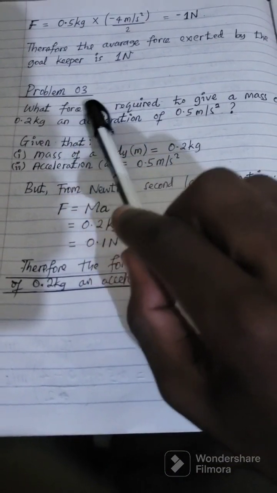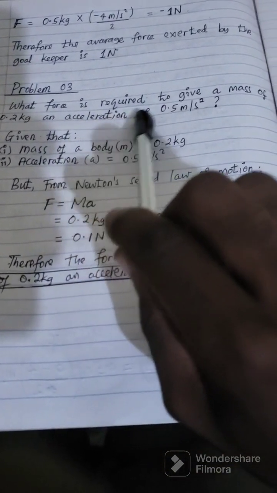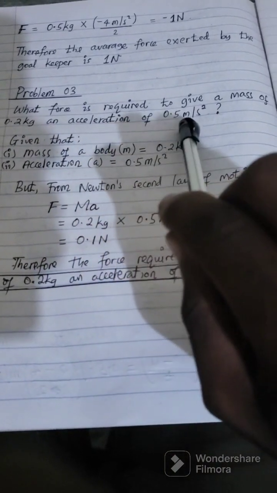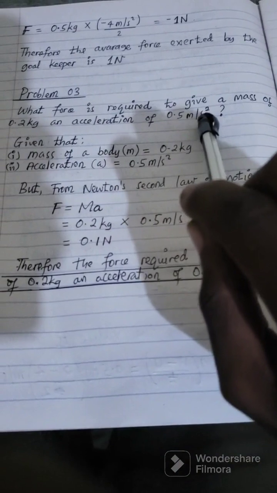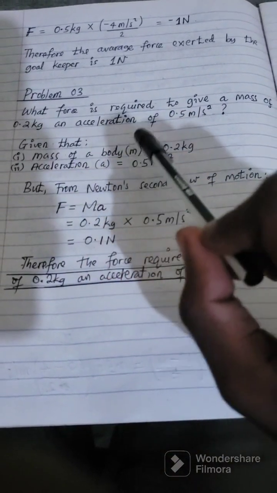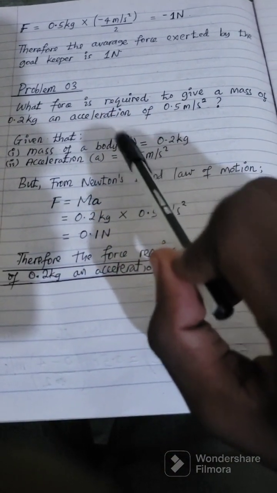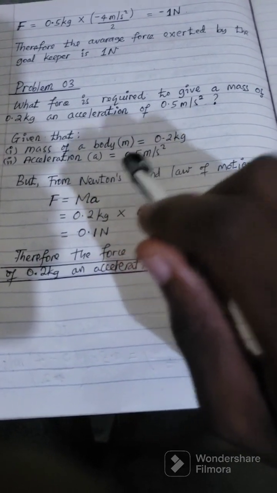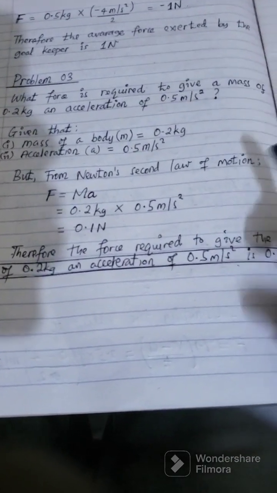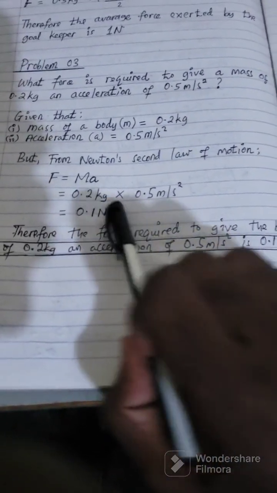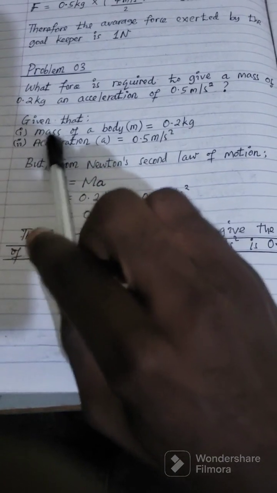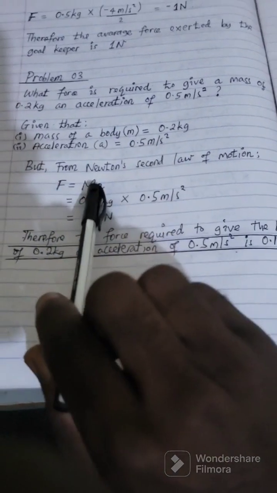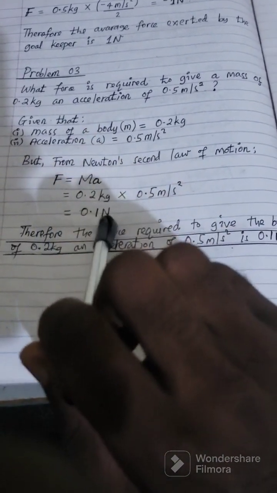Let's check problem 3. What force is required to give a mass of 0.2 kilogram an acceleration of 0.5 meter per second squared? As we discussed earlier, the first step is to note down the data so we can determine which formula to use. Here we have the mass of the body and the acceleration of the body, and we are asked to calculate the force.